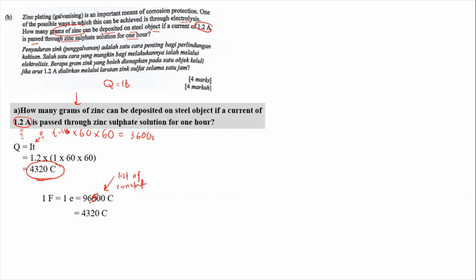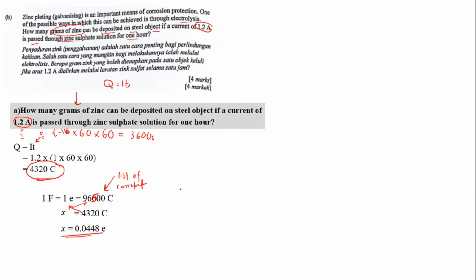So 4,320 coulomb will produce how many electron? So X here. So what you're going to do is cross multiply. So your X here is going to be 0.0448 electron.